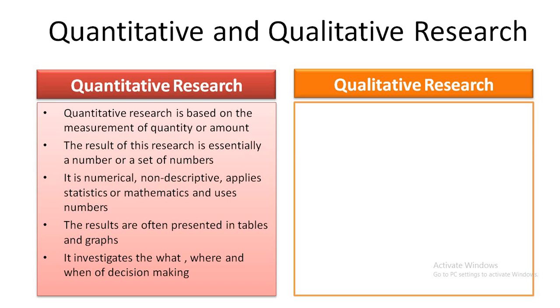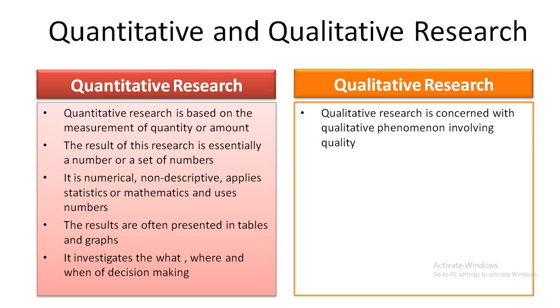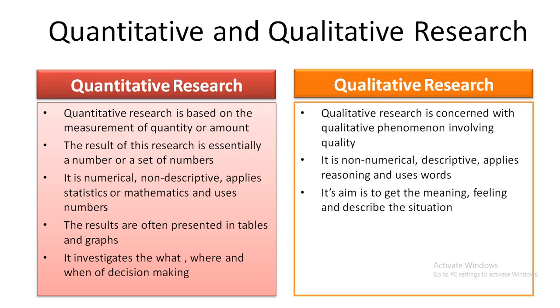While qualitative research is concerned with qualitative phenomena involving the quality of that matter. It is non-numerical, it is descriptive, and applies reasoning and uses words. Its aim is to get the meaning, feeling, and describe the situation.